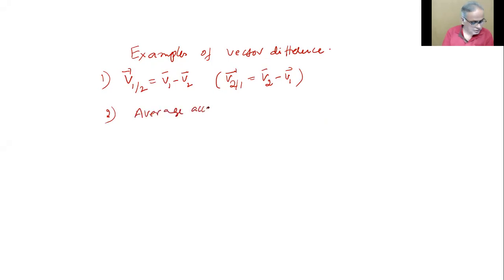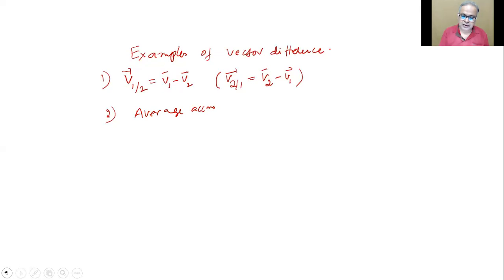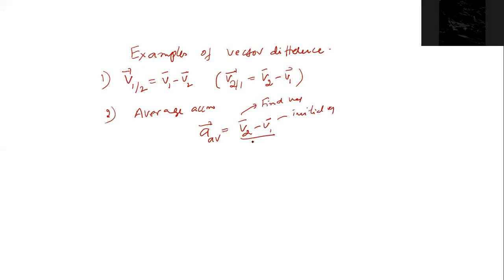Average acceleration, A average vector, can be written as v2 bar minus v1 bar, that is in our regular language final velocity minus initial velocity, by time, t2 minus t1, for example, or delta t.